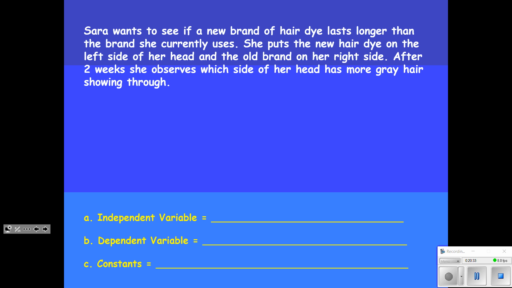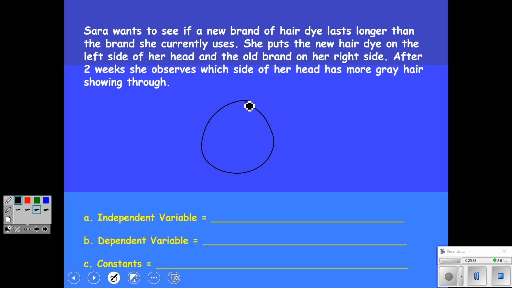So this says Sarah wants to see if a new brand of hair dye lasts longer than the brand she currently uses. She puts the new hair dye on the left side of her head, the old brand on her right side, and after 2 weeks she observes which side of her head has more gray hair showing through. So what you're looking at first is the fancy drawings here.